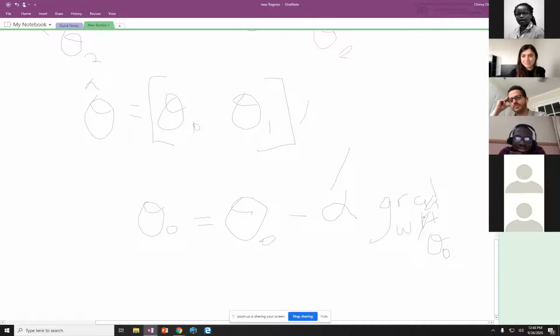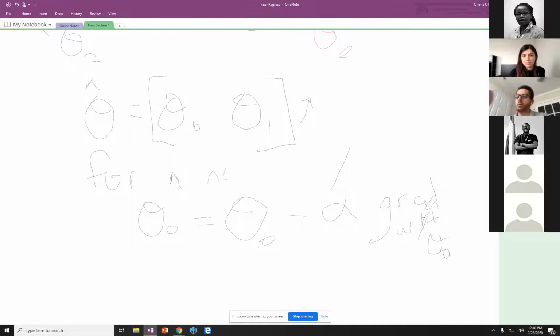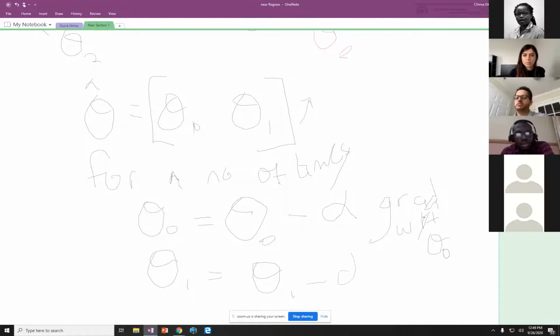So first we start off by initializing this one, and then for n number of iterations, theta 0 is equal to that, and the same thing, theta 1 is equal to theta 1 minus the gradient of the cost function with respect to theta 1.